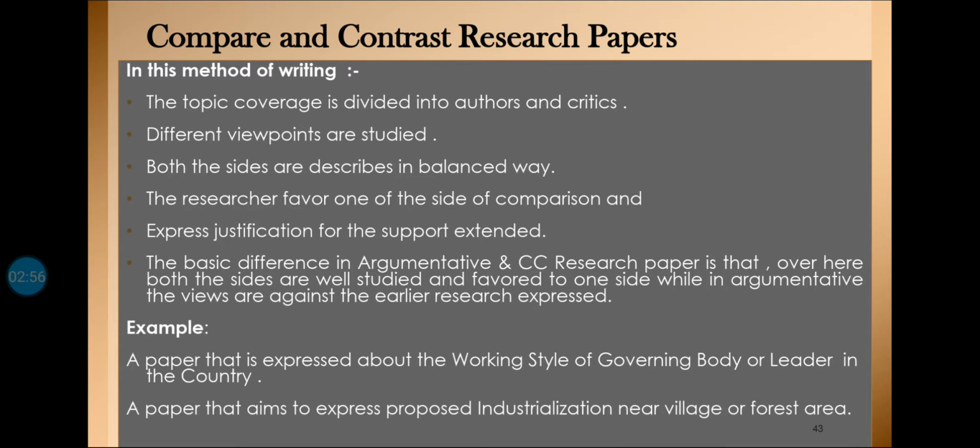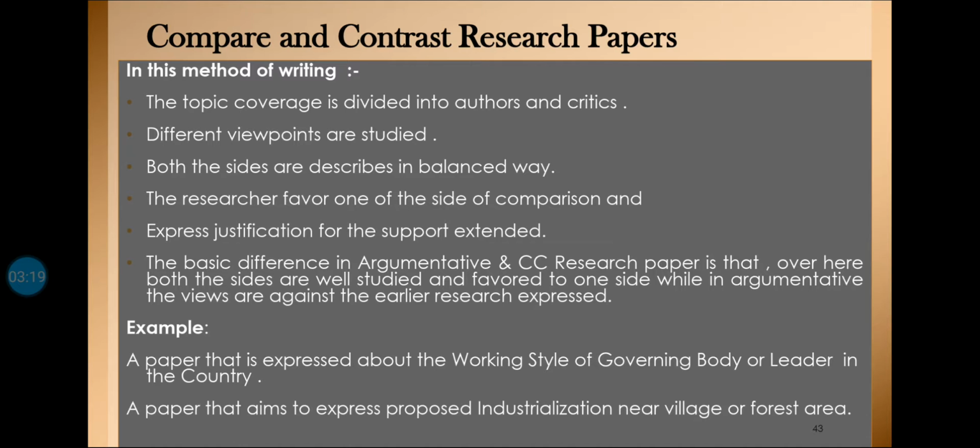The researcher favors one side of the comparison. After describing, comparing the points, and setting out the points of difference, it is the part of the research writer, after comparison, to favor one of them.